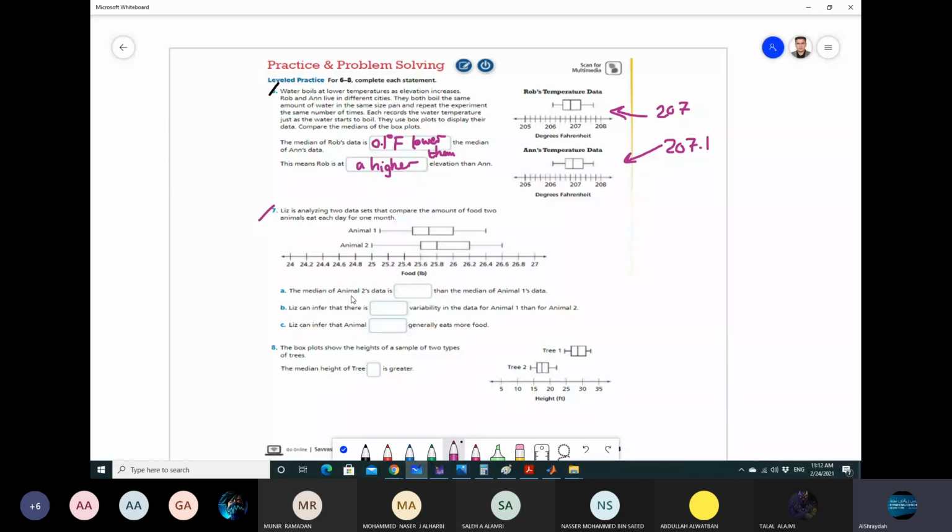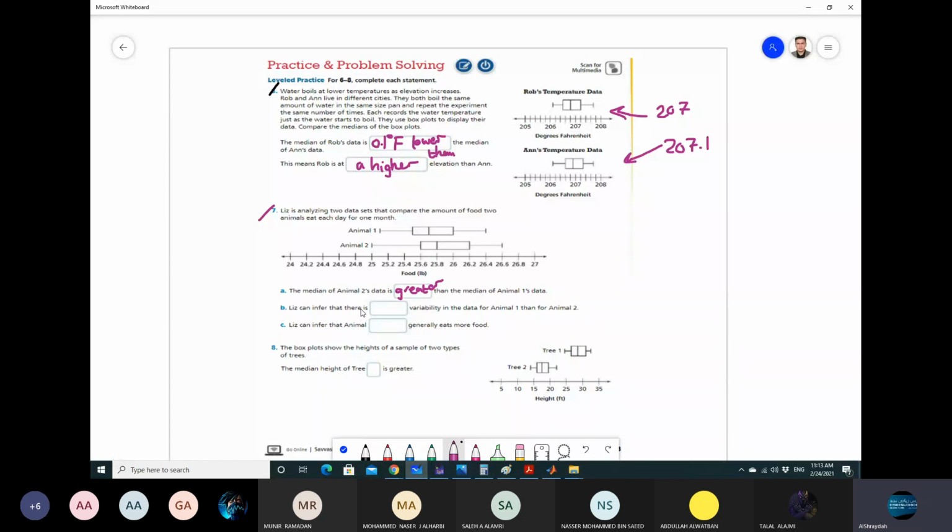Now here we have question number 7 also. The median of animal 2's data: who can answer this, please, students? What is the median of this? It's easy. Animal 2 is greater than. Look here, the median is 25.8, and here the median, maybe it's 25.7, so it's greater than.